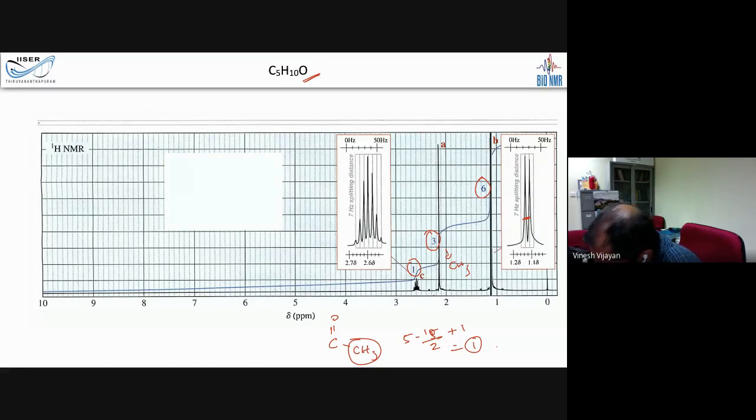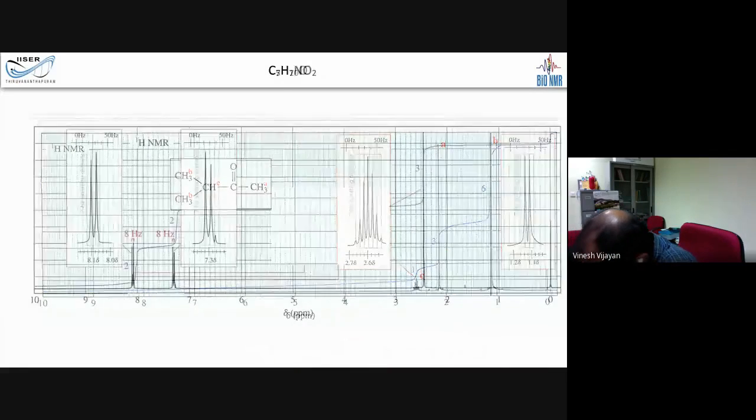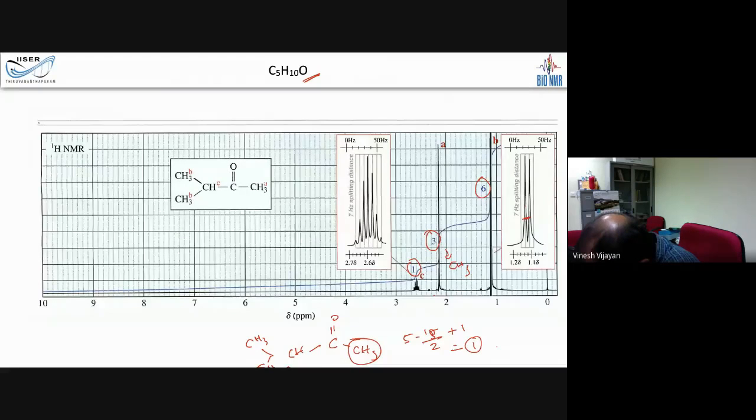Then what else is possible now? There is a single peak here and a 6 peak here. This is what we have: CH, CH3, CH3. Now, what does it give you?